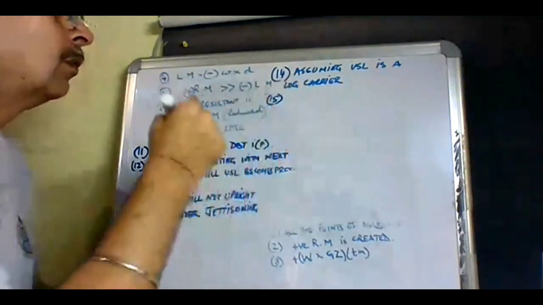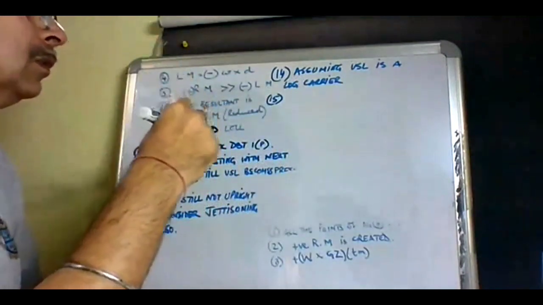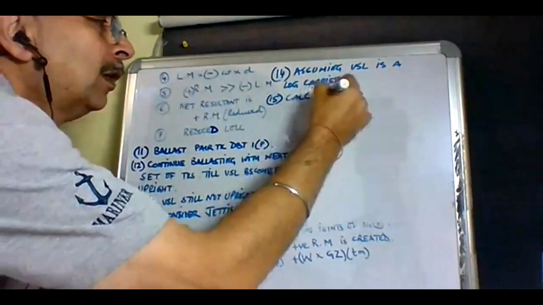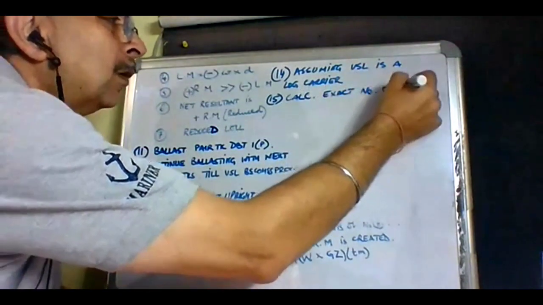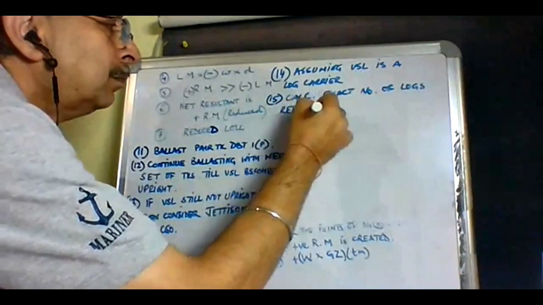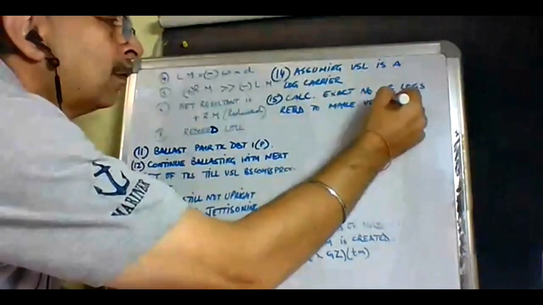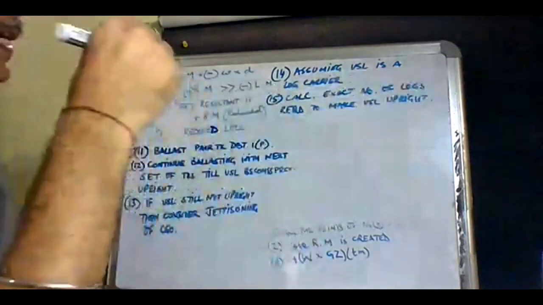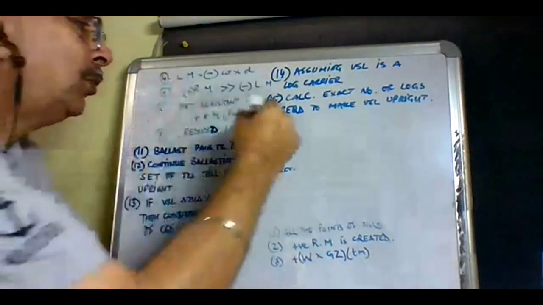Now, when you're doing jettisoning of logs, you will first calculate the exact number of logs required to make the vessel upright. So first you do that.